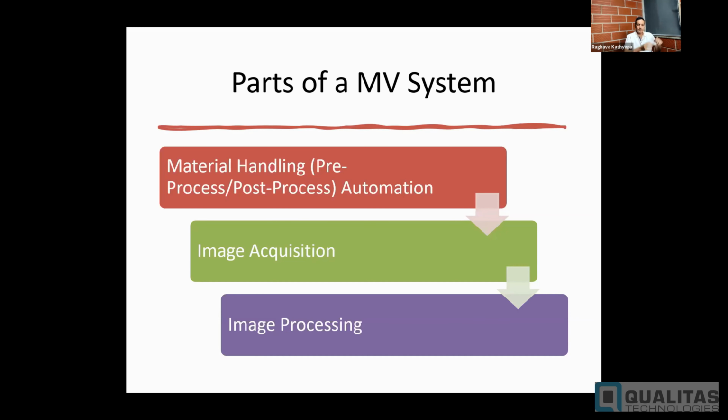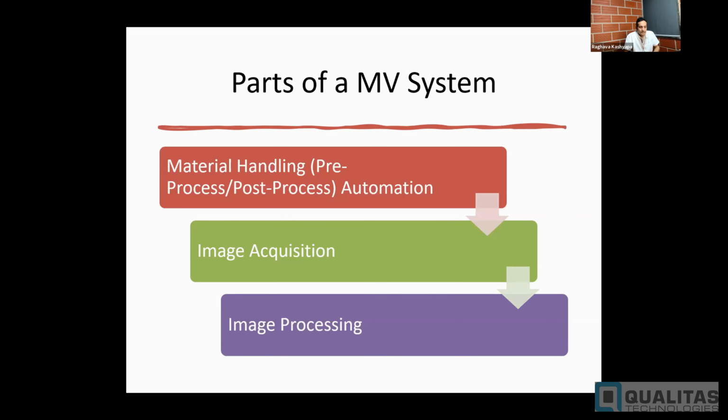So first you move the material, then you take pictures of the part you want to inspect. Once you take the picture, you apply software on top of that image to identify a result or a judgment.